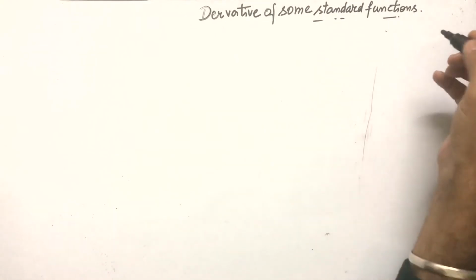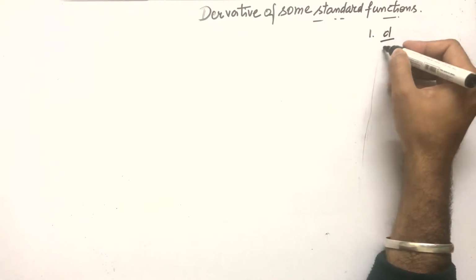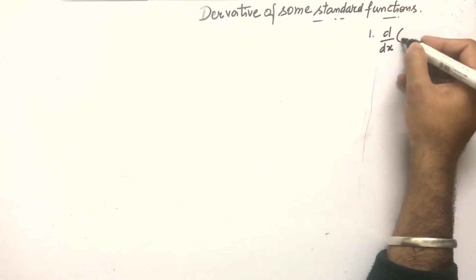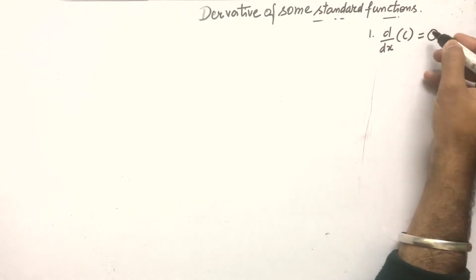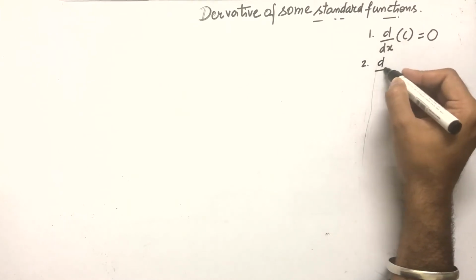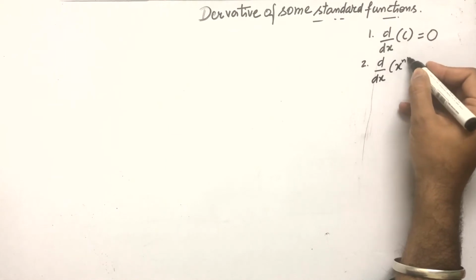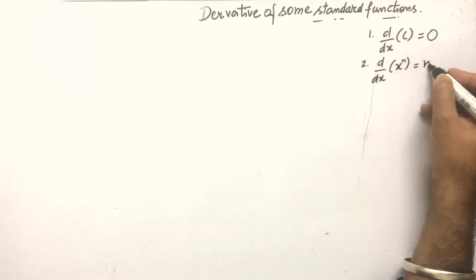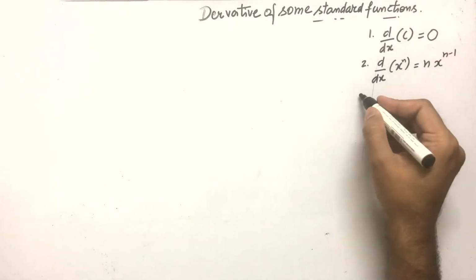Let us first of all write the formulas. First is the derivative of a constant function, that is 0. Second, derivative of x power n, that is n x power n minus 1.